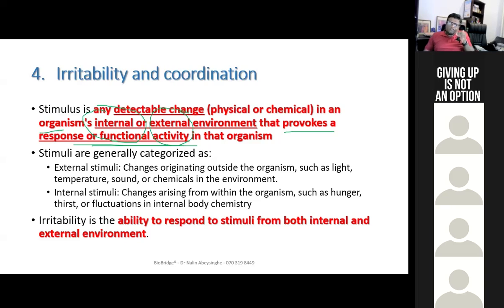Then again, if the temperature rises 0.5 or 1 degree above that, it starts again. The same thing happens in the refrigerator. So for a stimulus to be active, it should be able to provoke. Rising temperature is the stimulus, not the normal temperature, right?